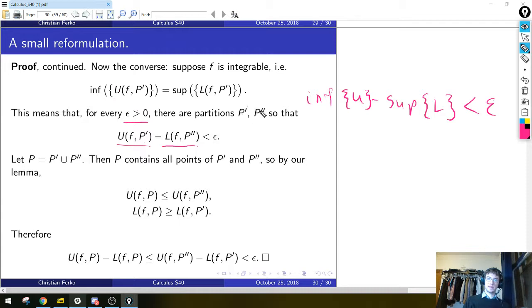Well, if there were no such p prime and p double prime, so that this was always bigger than epsilon, then I could have found a higher lower bound here, or a lower upper bound here, with the property that this thing would have been less than epsilon, because the infimum is equal to the supremum. So it's running the reverse of the previous argument, right?